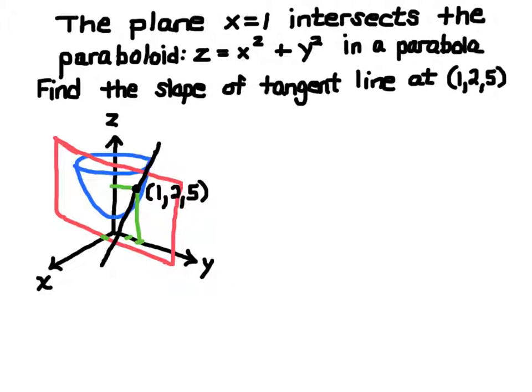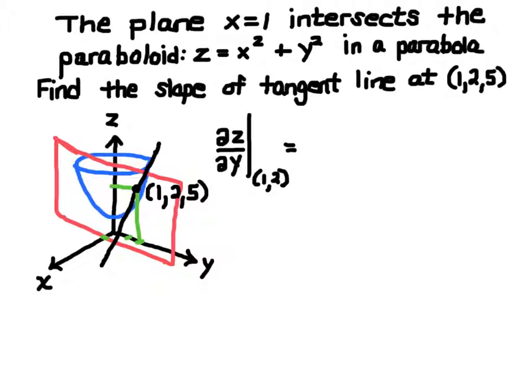So what we're going to do here is take the partial derivative of z with respect to y at the point 1, 2. And I'm going to move this up here.